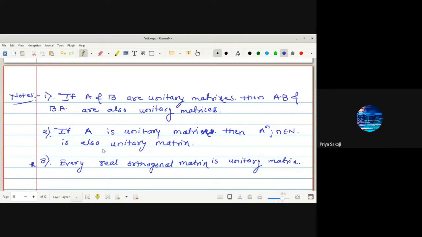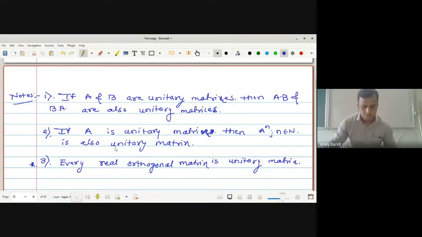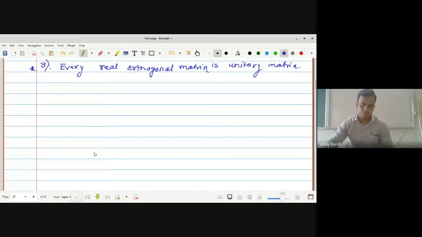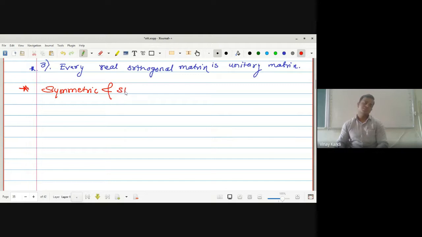Yes sir. Okay. Now the next type of matrices is symmetric and skew symmetric matrices.